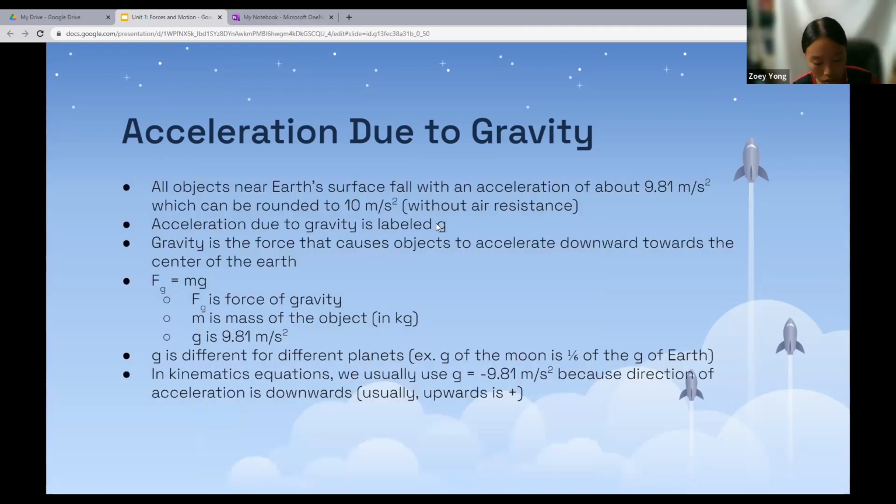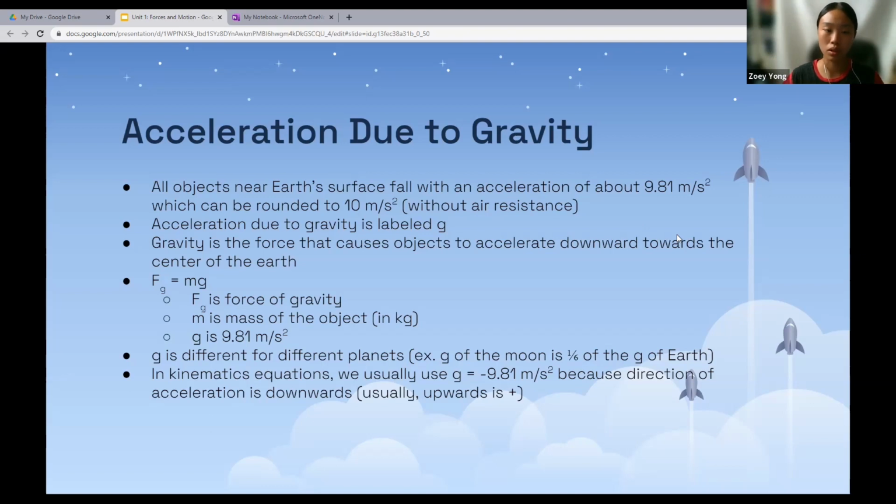So what is acceleration due to gravity? Basically, all objects near the Earth's surface fall with an acceleration of about 9.81 meters per second squared, which is sometimes rounded to 10 meters per second squared. We're probably going to keep it at 9.81 meters per second squared. And this is the rate of acceleration they fall at when there's no air resistance.